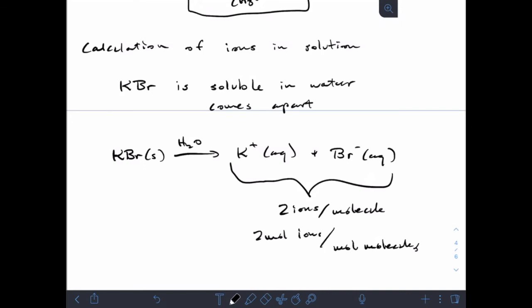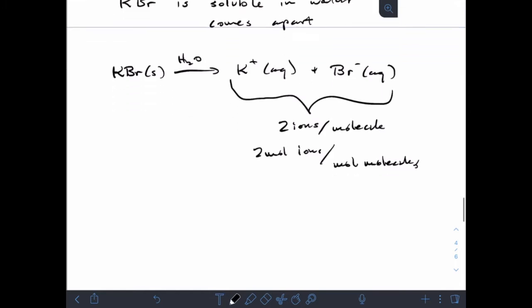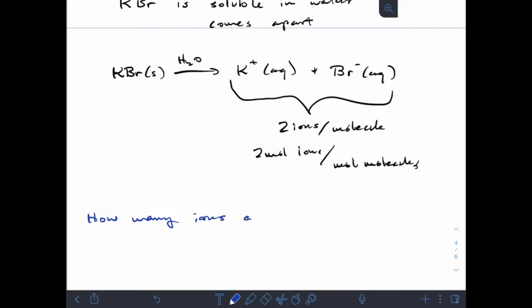Okay, so let's do a little practice. Let's ask the question: how many ions are in a solution containing 1.5 moles of magnesium fluoride?